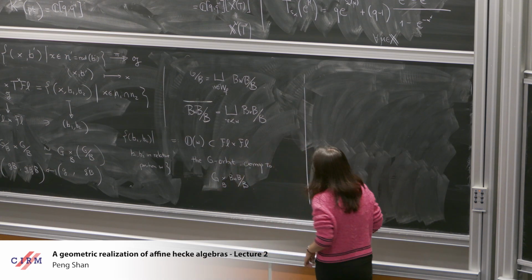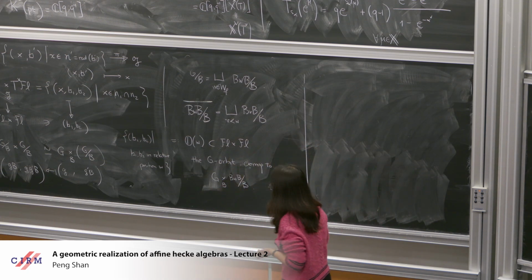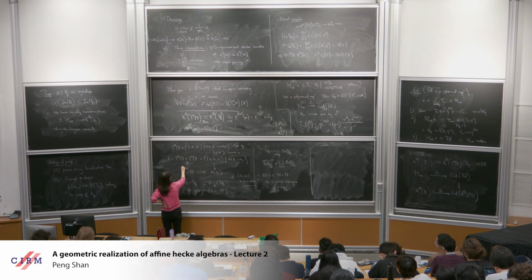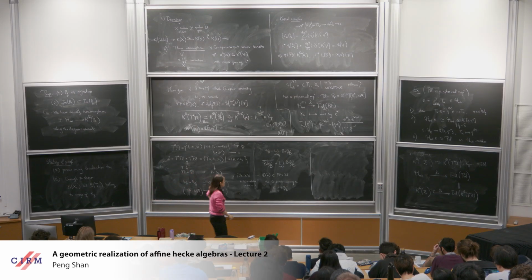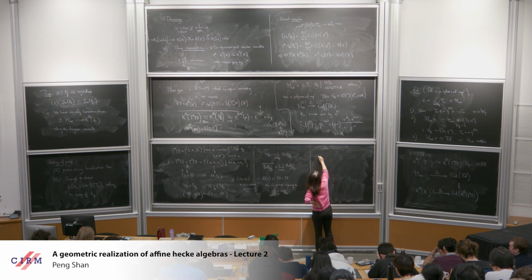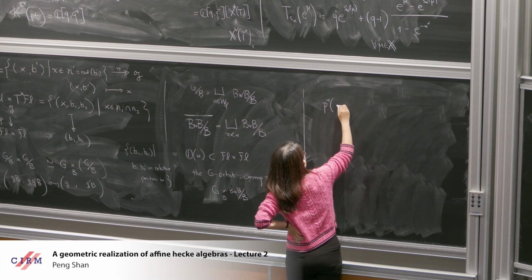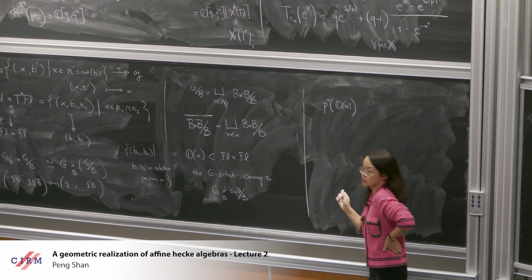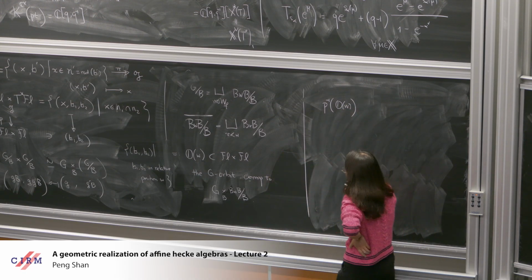Okay, and now you look at your Steinberg variety and you ask, how does it look? So we have this map P, and let's consider the inverse image of an orbit. What does it mean?